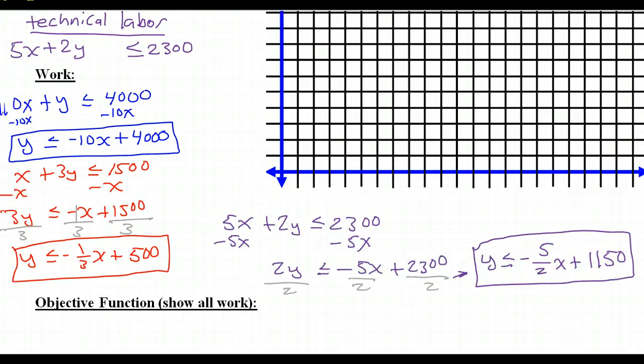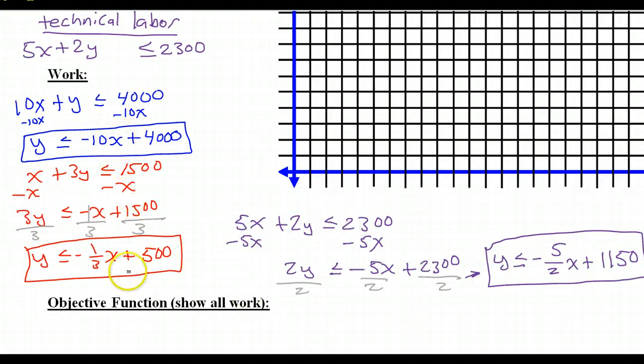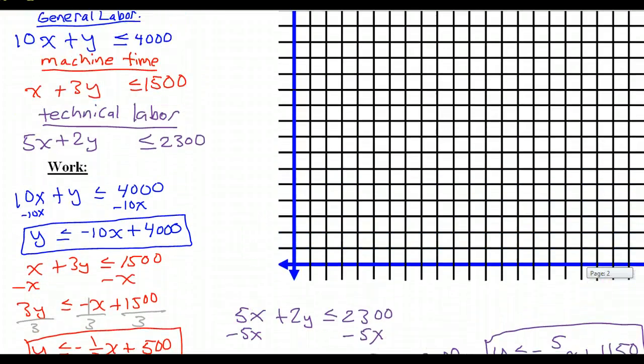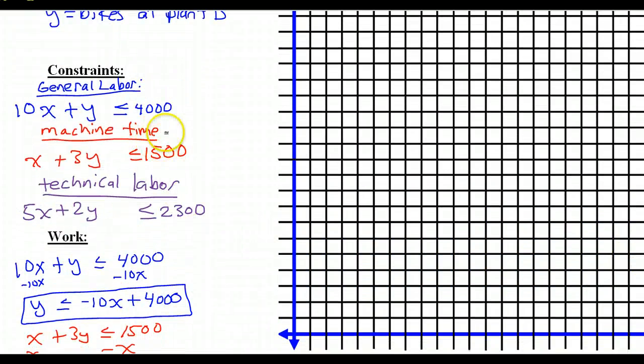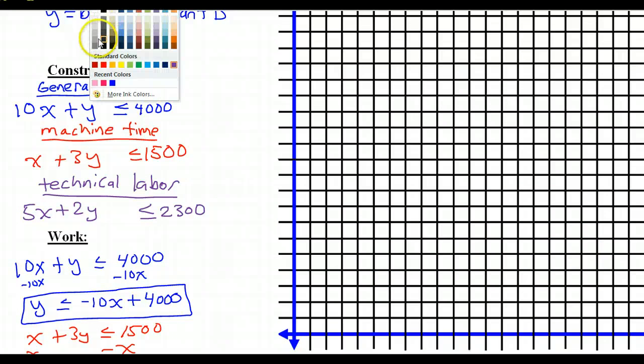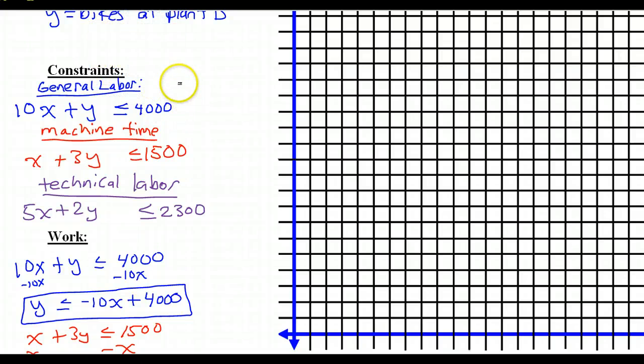All right, so now we need to graph all three of these constraints. Oh, you know what? I forgot one thing. Back when I was listing the constraints, please let us not forget to write down our faithful reality constraints. I'm going to squeeze them in right here.